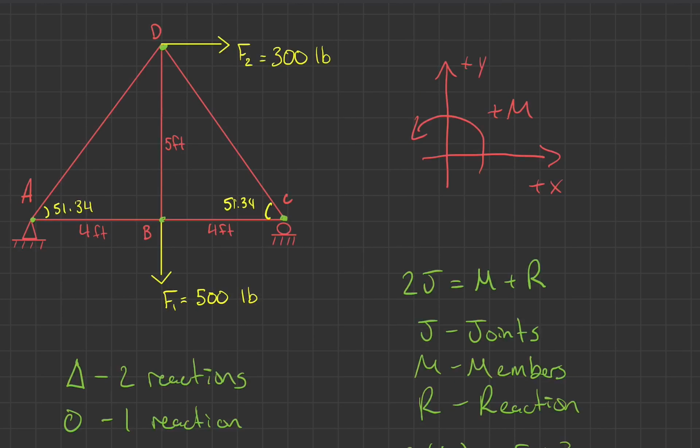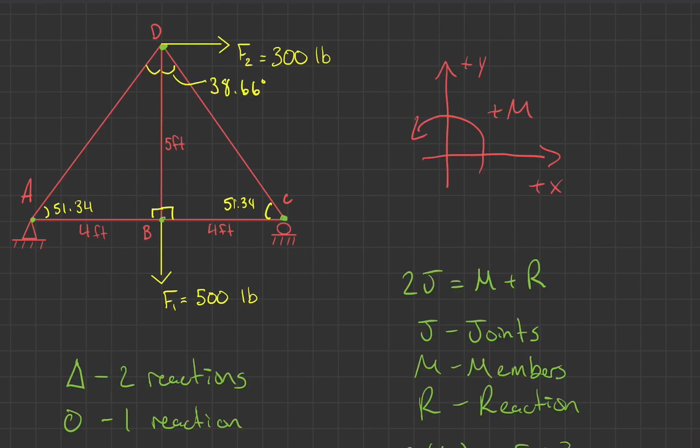And then if you do a little bit of math, remember that these were right triangles, your interior angles on a triangle add up to 180 degrees, which means that both of these angles up here are going to be equal to 38.66 degrees.